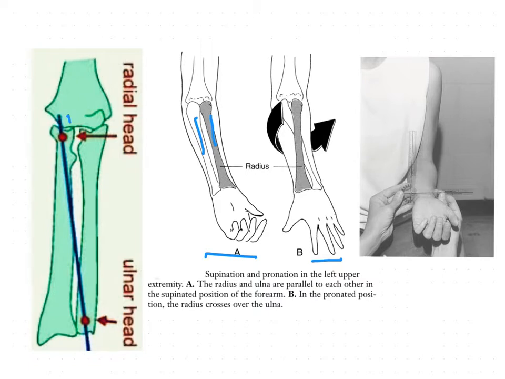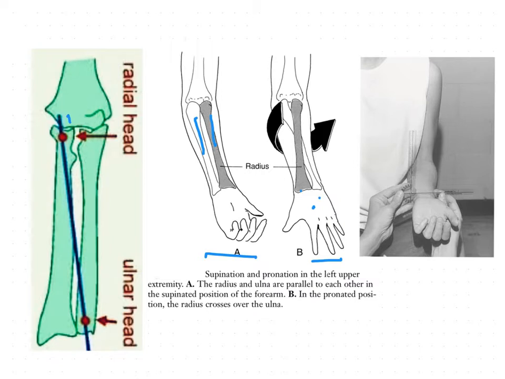Whereas in pronation, what will happen? The radius crosses over the ulna. You can see here the radius crosses over the ulna. That means the radius will slide over the ulnar head.